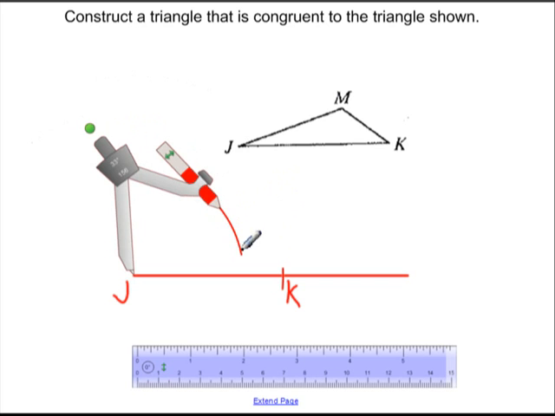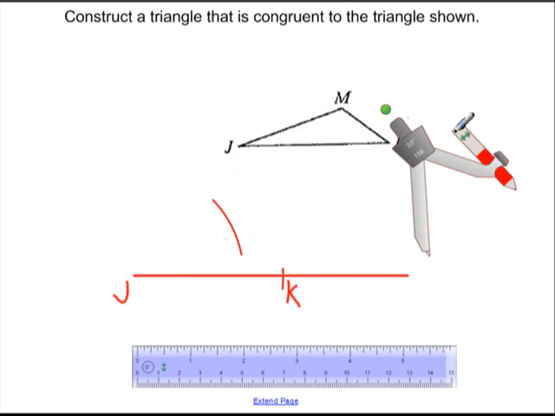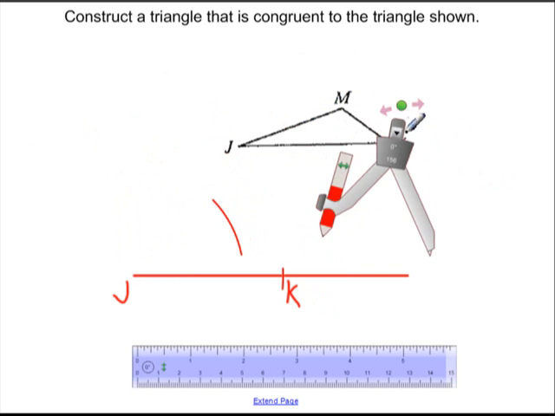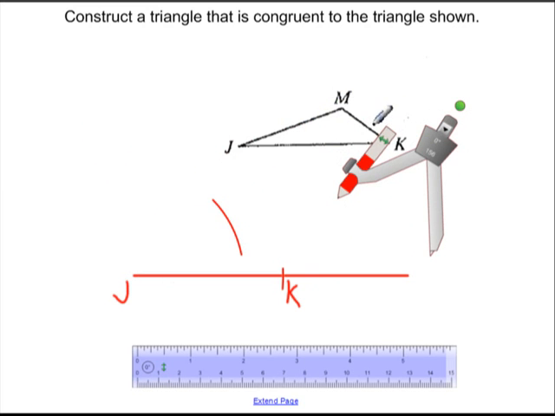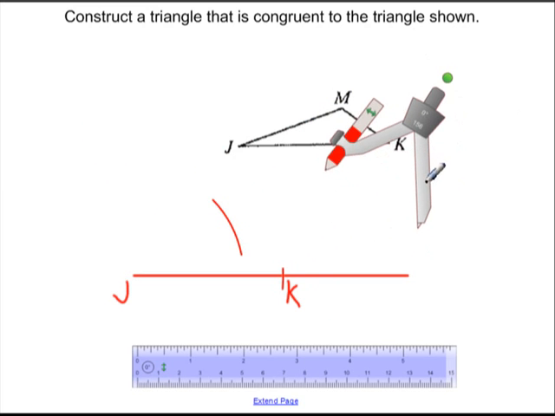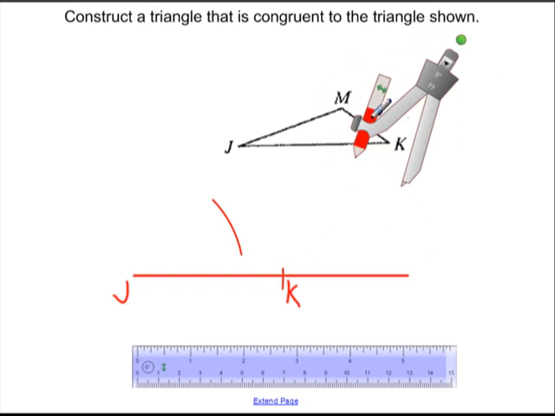All of these points on that arc are that distance JM away from J. So now I need to find the point that is also KM away from K, and where they intersect will be my hotspot.